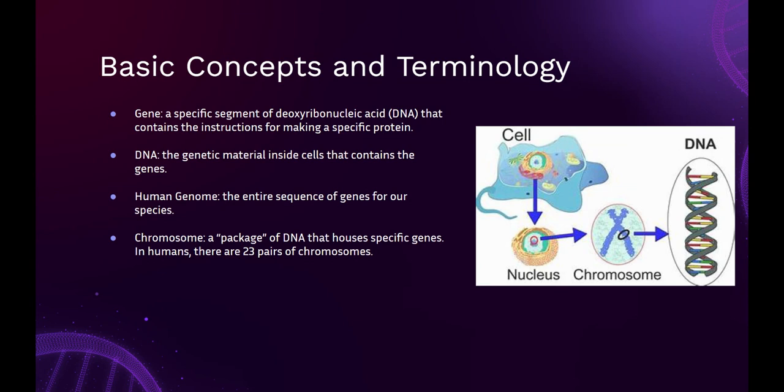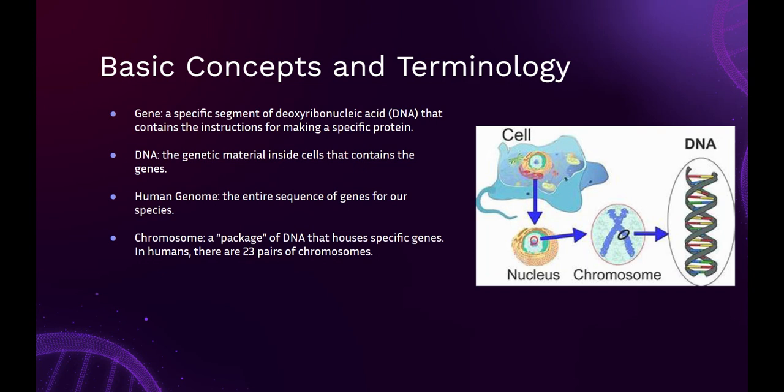And then we have DNA. DNA is the raw material inside the cell that contains the genes. Think of it as a ball of yarn, and a gene is like a section that you knitted into something that makes sense. The human genome is the entire sequence of genes for our species.